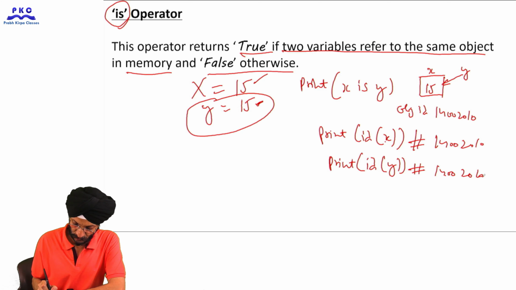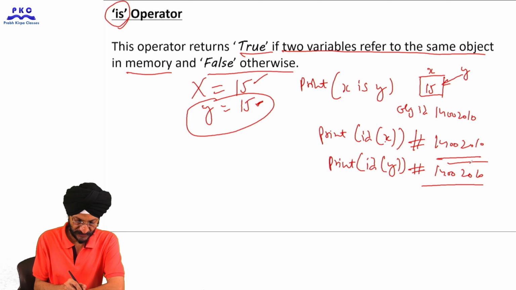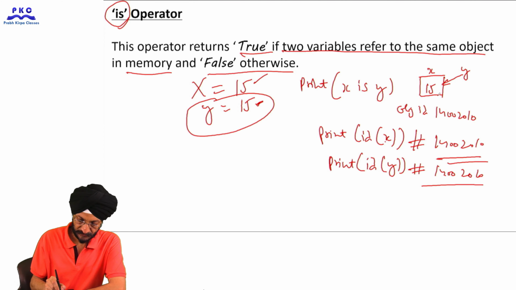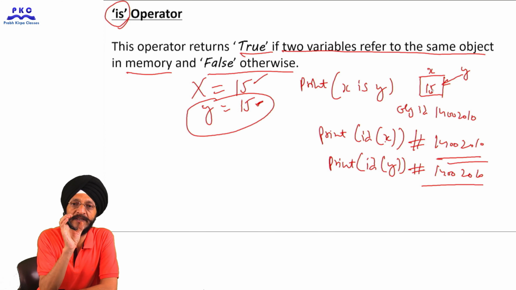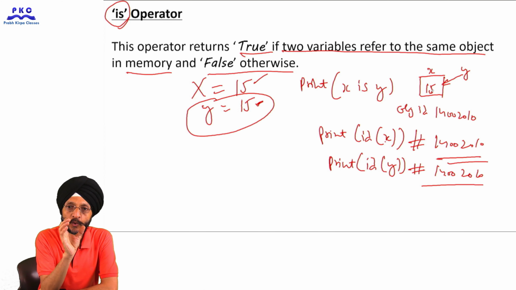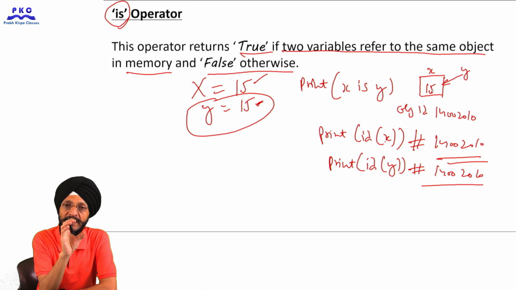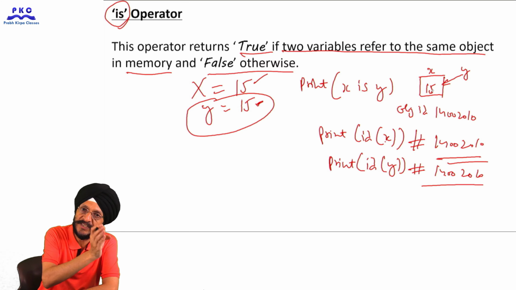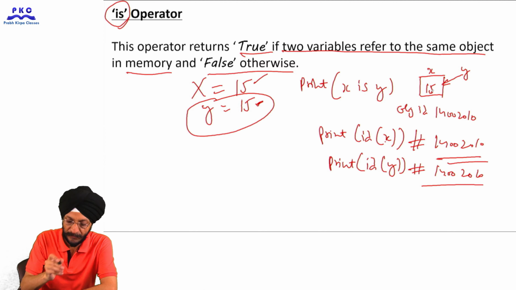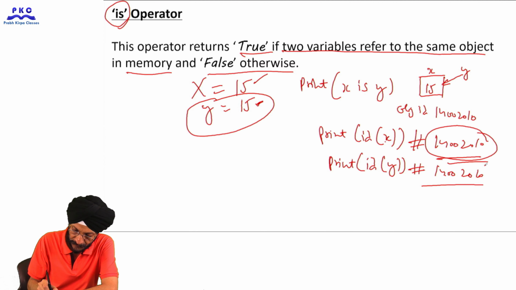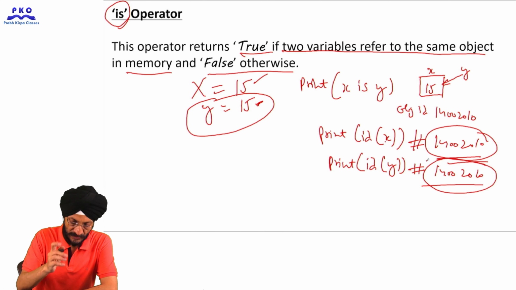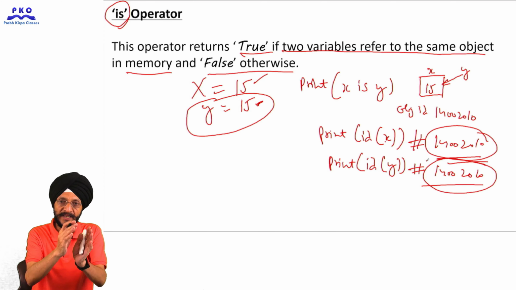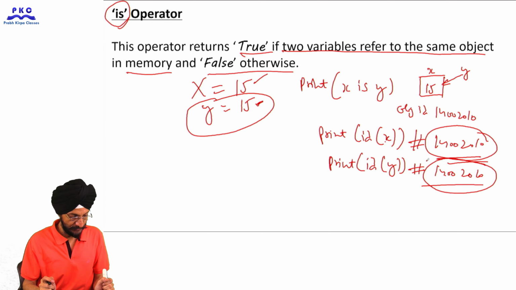In both the cases, object ID will be same here because the 15 value or the object 15 is stored in a container named x, and y is also referring to the same object in memory. The memory location of both the objects, that is 15, is same. The memory address in case of x and y is same.